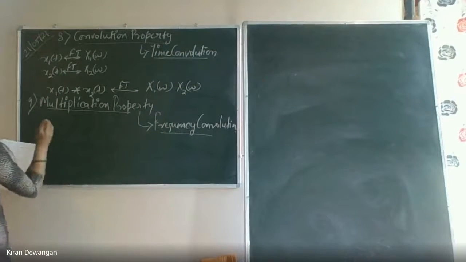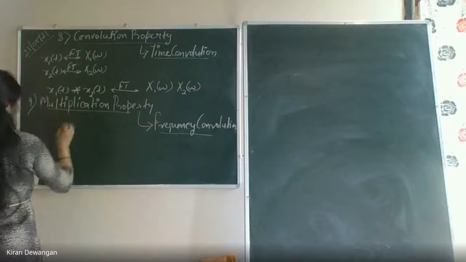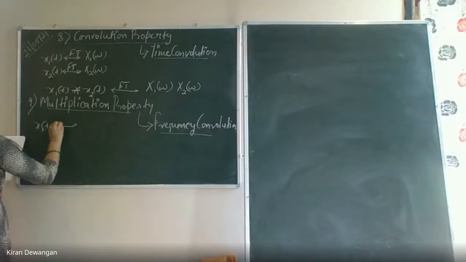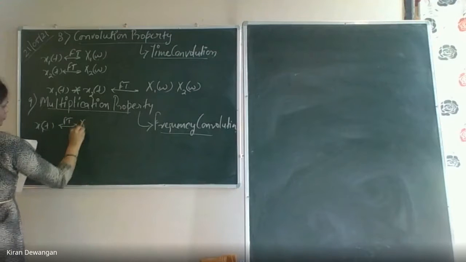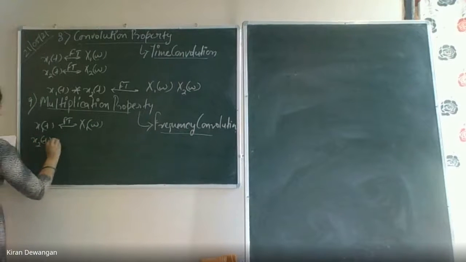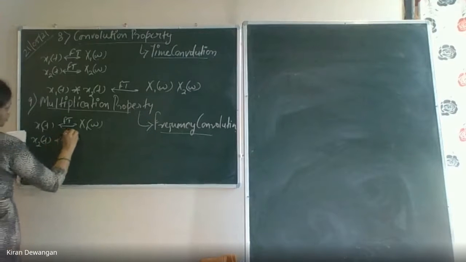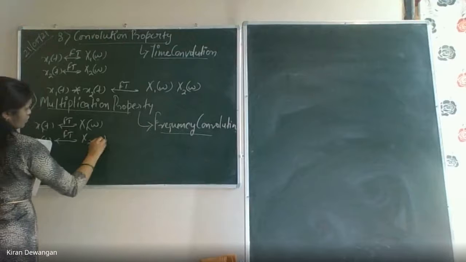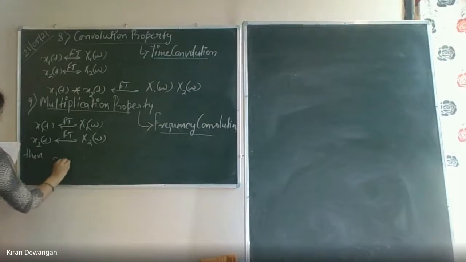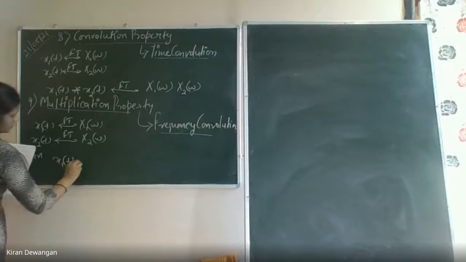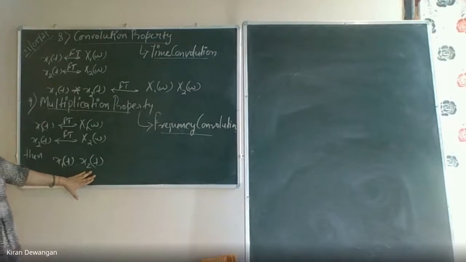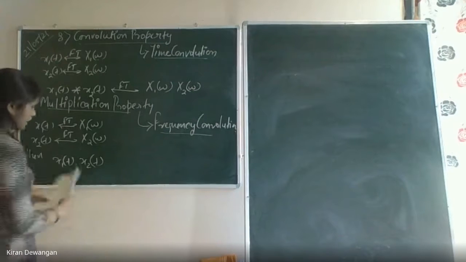Now let's see again, in the frequency convolution theorem, if I am having x1(t) Fourier transform as X1(omega), x2(t) has Fourier transform X2(omega), then x1(t) into x2(t), what are we doing? We are taking the multiplication in the time domain.